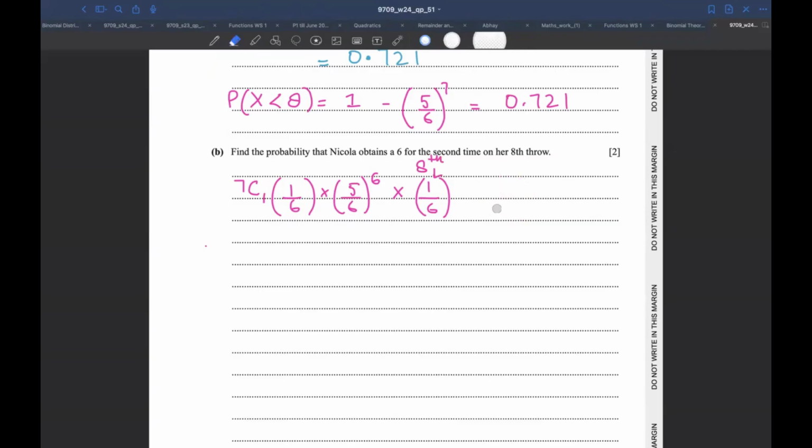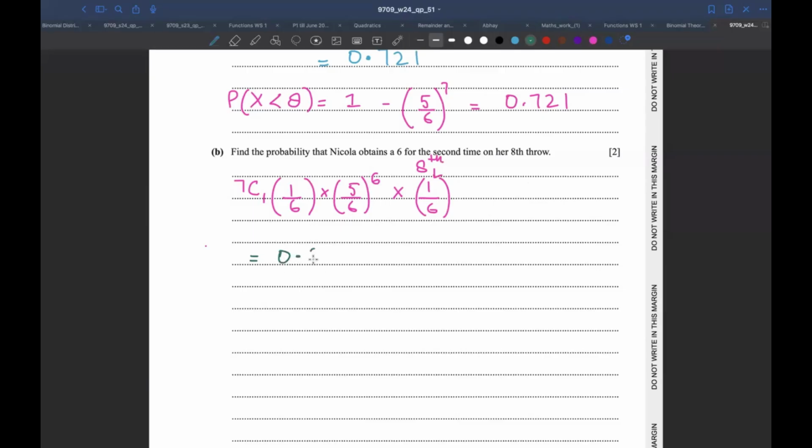Let me just correct it in the calculator. Okay. So when I substitute this in the calculator, I got it now. So this is 1 over 6 multiplied by 1 over 6 multiplied by 7 multiplied by (5 over 6) to the power of 6. 0.06511.